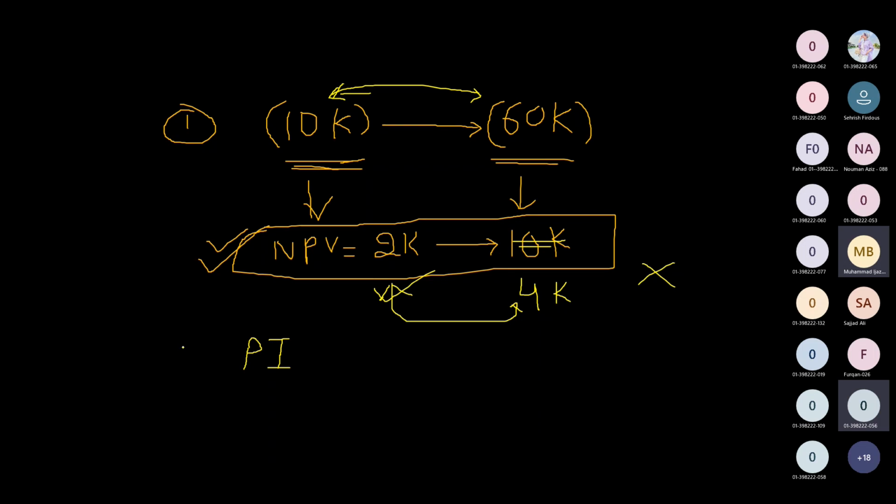Okay, sir. Got it. Just to confirm, if there's a conflict between NPV and PI, then we'll go for NPV once again, right? No, that would depend upon your preference. Look, that's what I'm saying.